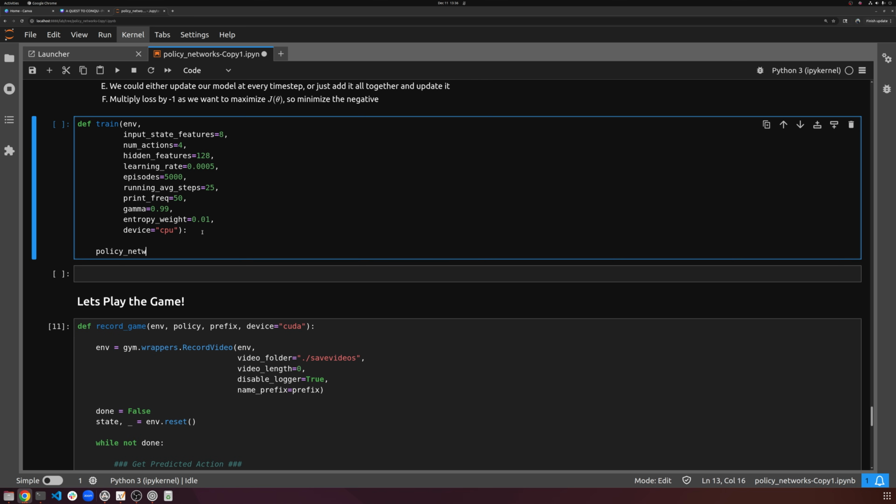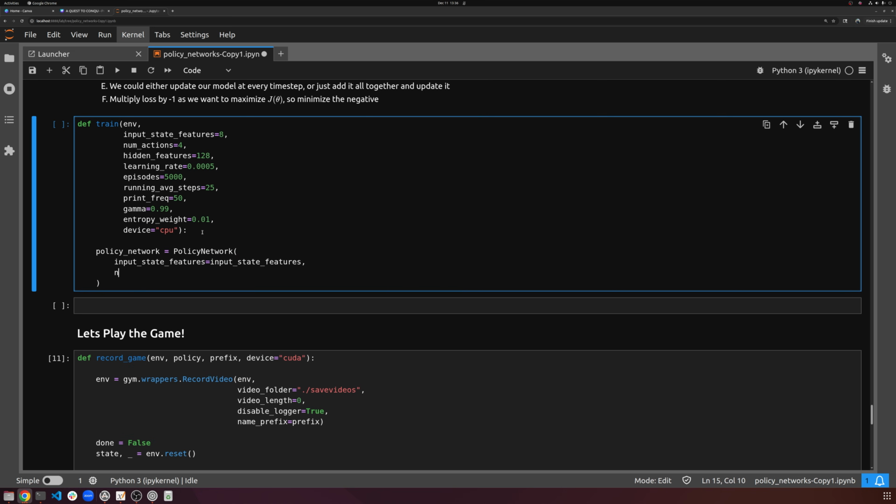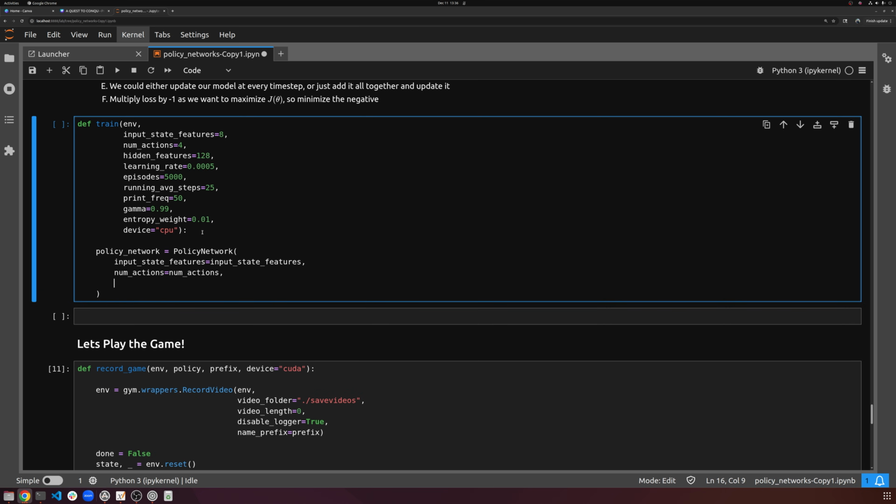So our policy network is going to be the policy network. Input state features is going to be input state features. We have our num actions is num actions, and then our hidden features is our hidden features.